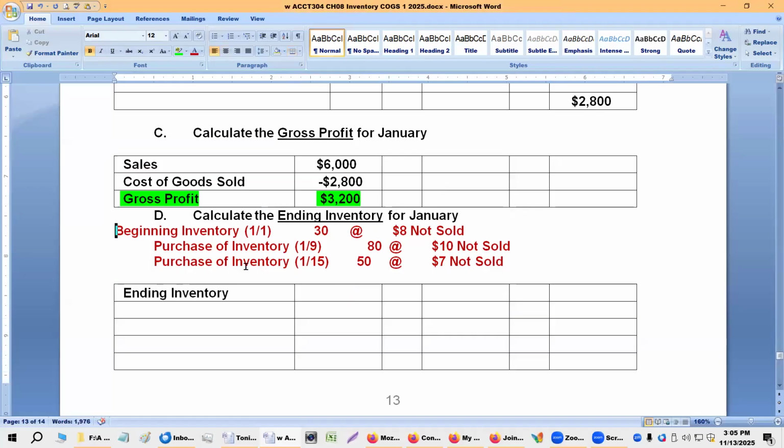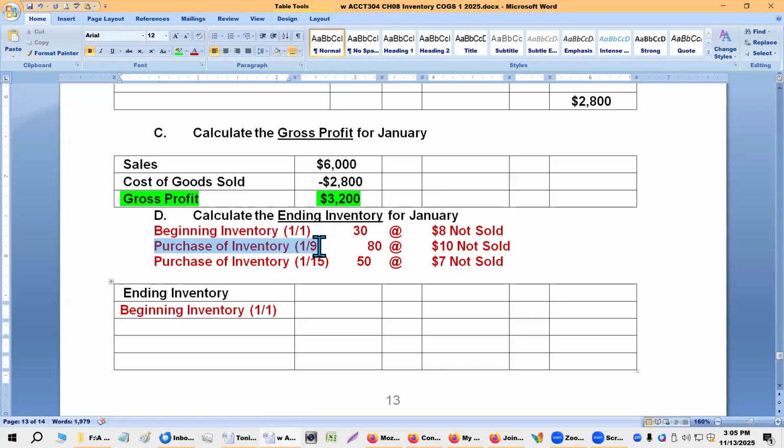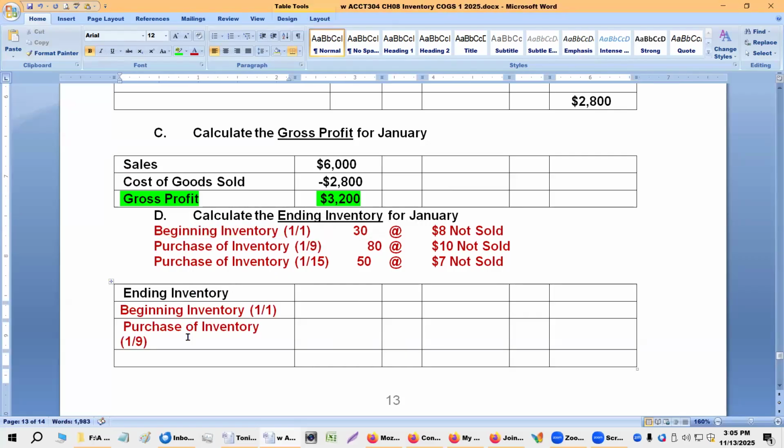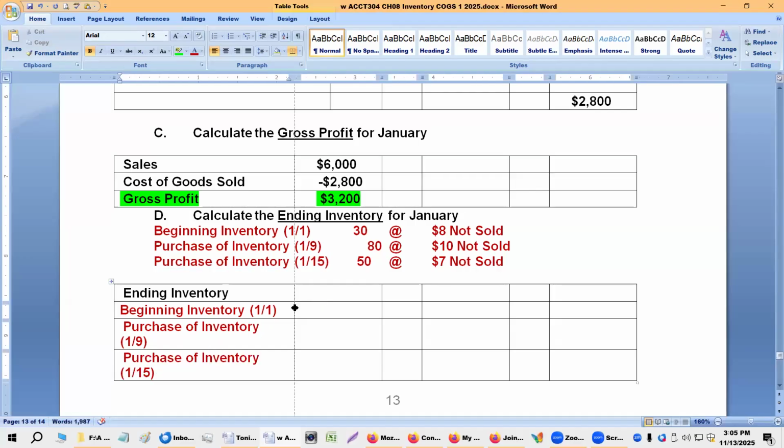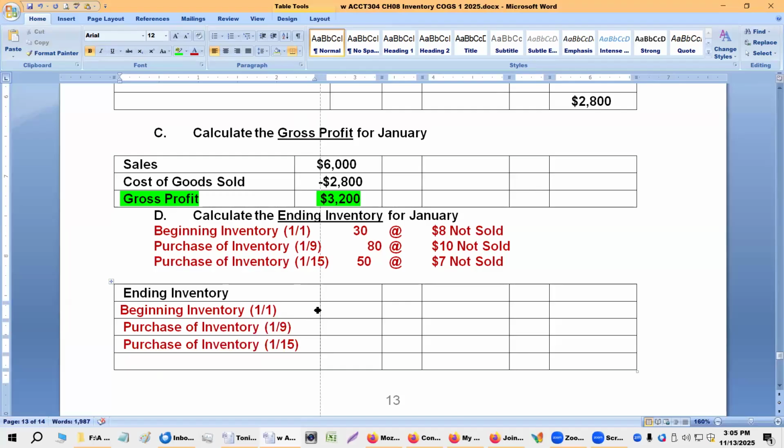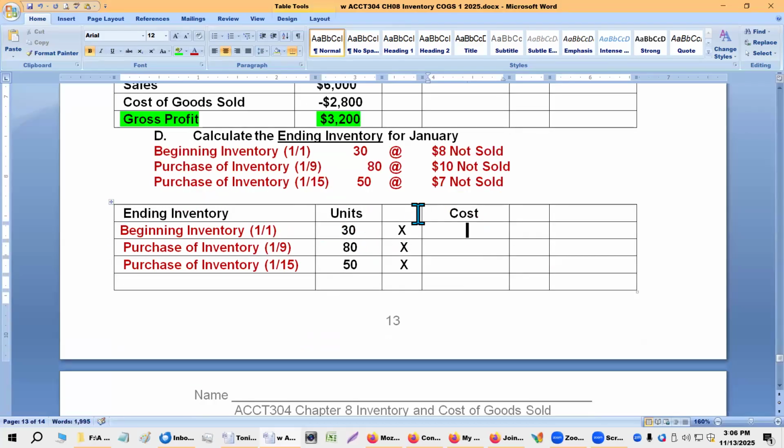Let's see from the beginning. Eight, 10, and 7.